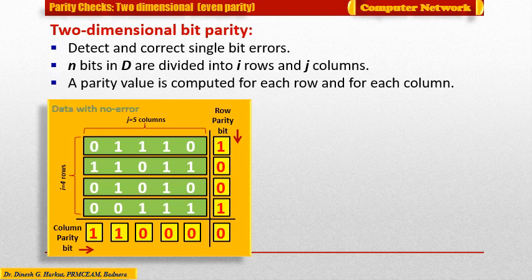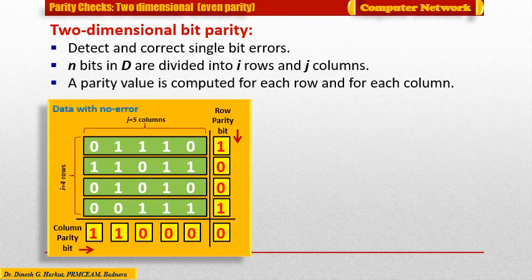This results in i plus j plus 1 parity bits. Here i plus j plus 1, that is 4 plus 5 plus 1, are the additional parity bits that comprise the link layer frame error detection bits.